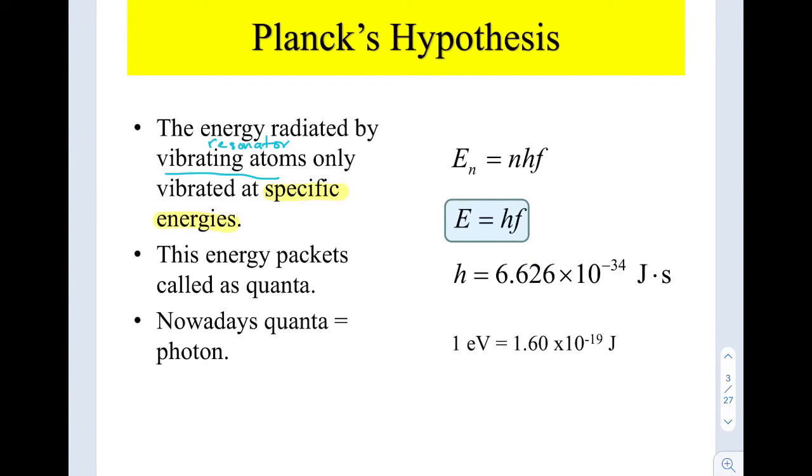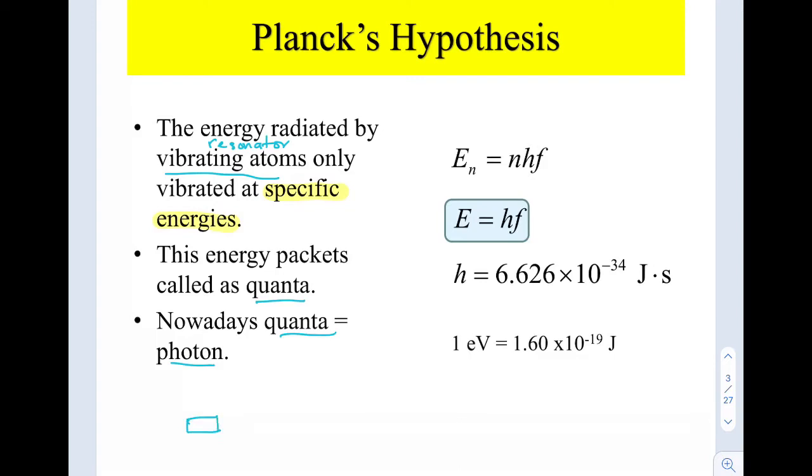So when it vibrates at specific energy, it means that it's not continuous. It means that it's in terms of packets of energy, the tiny packets known as quanta, also known as photons nowadays.